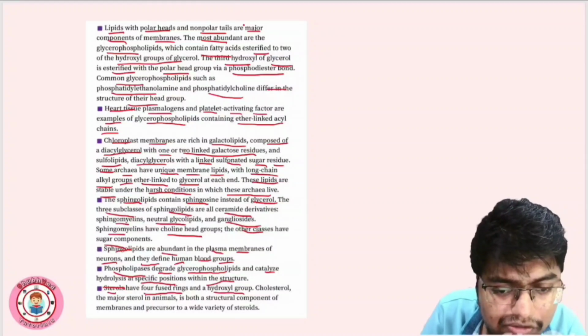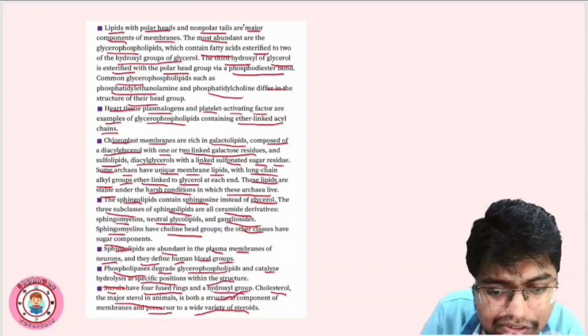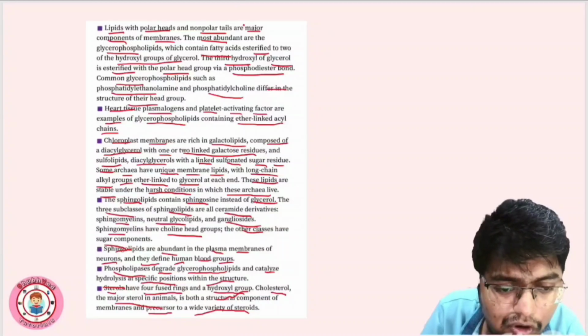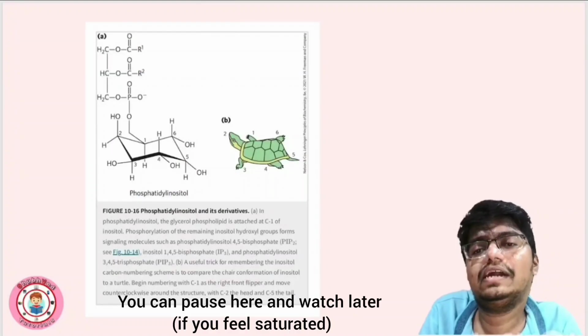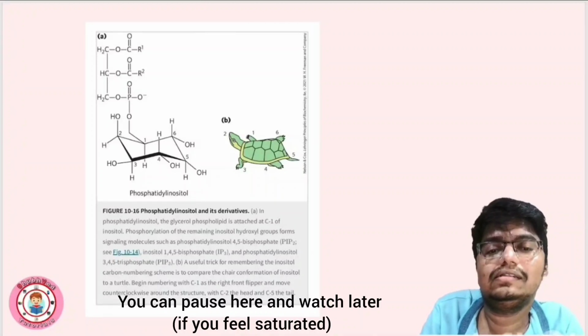We know cholesterol, which is a major sterol found in animals, is both a structural component of membrane as well as a precursor to a variety of steroids. Right, variety of steroid का precursor भी है. Example steroid hormones: estrogen, progesterone, estradiol, testosterone. Right.